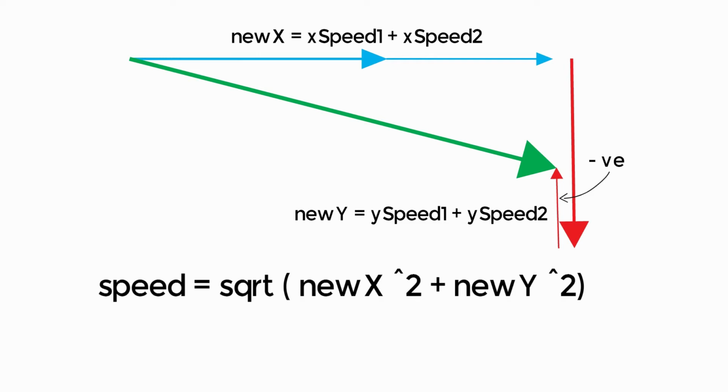The direction component is slightly more difficult. In our triangle, the angle we want, the tangent of that will be given by our new y speed divided by our new x speed. If we do an inverse tangent on that fraction, then we should get our angle. But this is where it can go wrong for us.